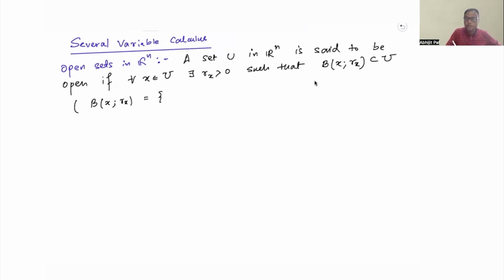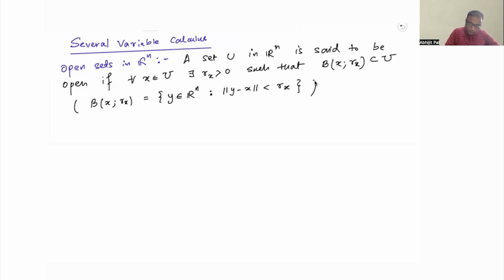This is the set of all points or vectors y in Rn such that the norm of y minus x is strictly less than Rx. So this is the definition of a ball.